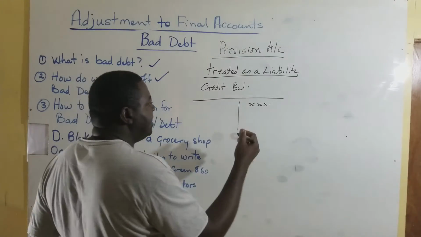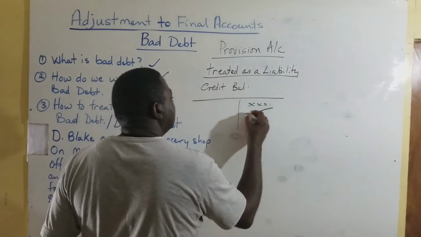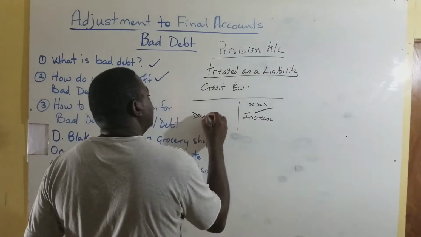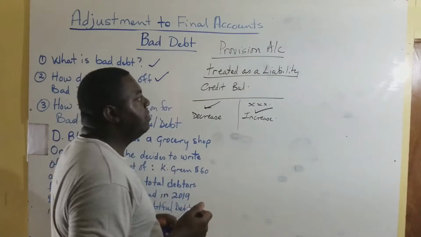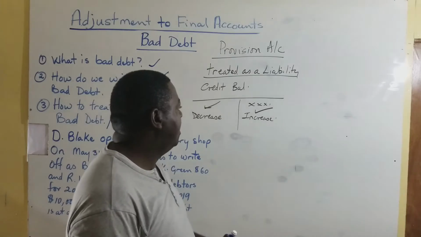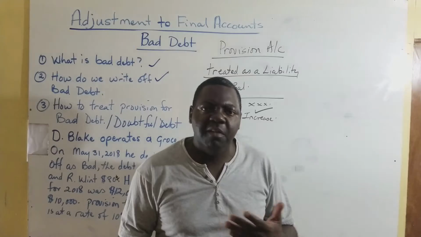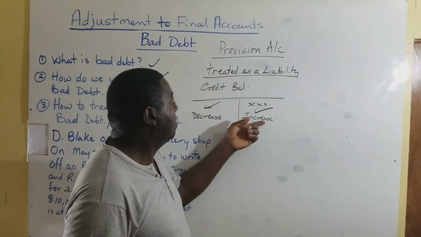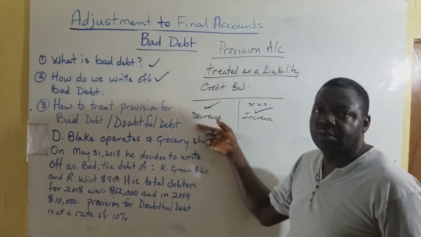So if you're decreasing the liability, you will debit, and if it is increasing, you're going to credit. That is what we mean when we say the provision account is treated as a liability, and therefore, if your provision for doubtful debt increases year on year, then it's going to be credited. If it decreases, you are going to debit it.